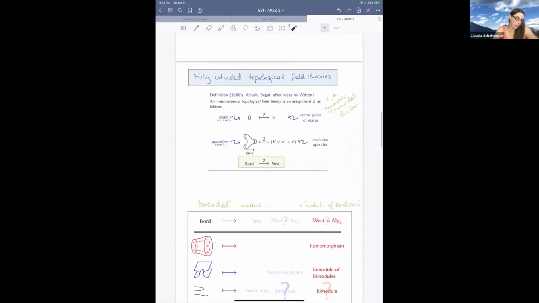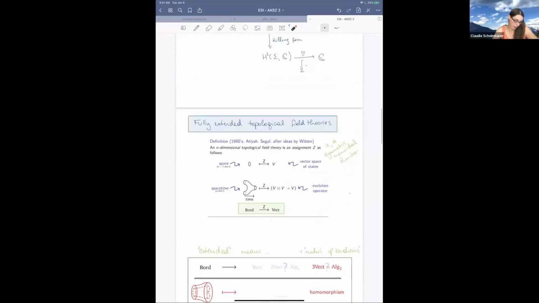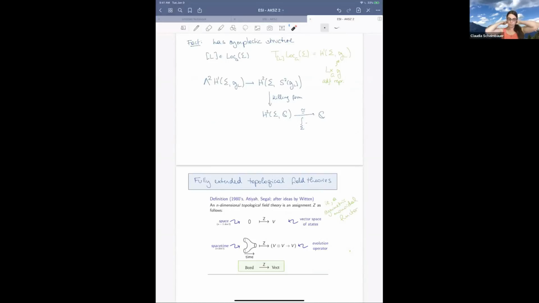All right, so I said we want to actually get to something like TFTs. So what's a topological field theory? This is a program on field theory, so I won't go into too many details here. You probably have all seen an instance of this. So topological field theory, classically, following Atiyah and Segal, is, in modern language, a symmetric monoidal functor out of a category, which I will call Bord in this talk.